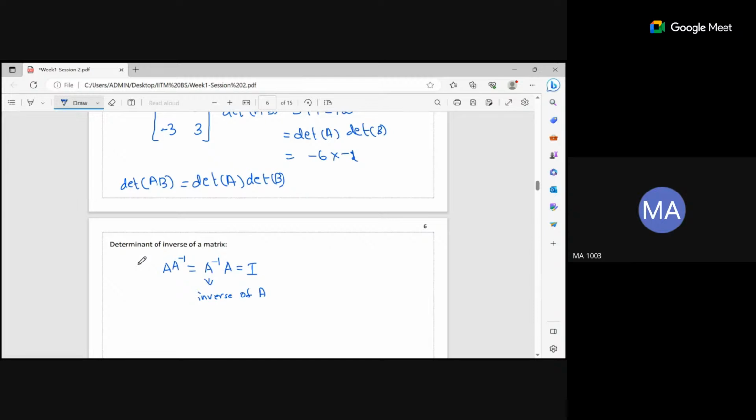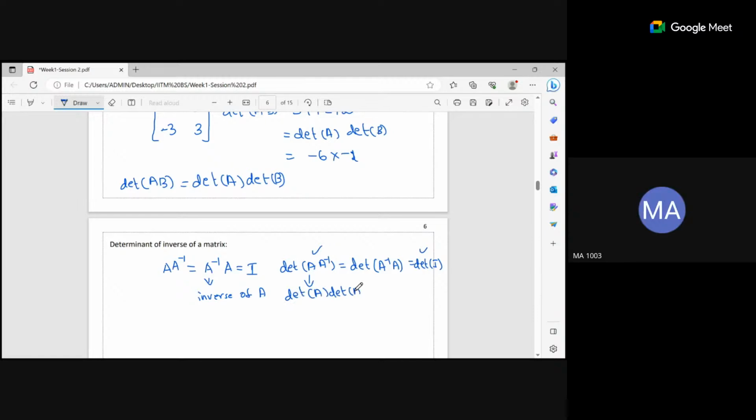Now let us write the determinant of each of these parts. First let us look at this part alone. Determinant of A into A inverse, how can we split this? Determinant of A times determinant of A inverse.